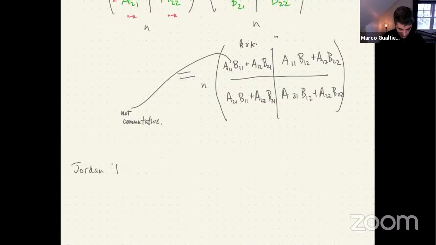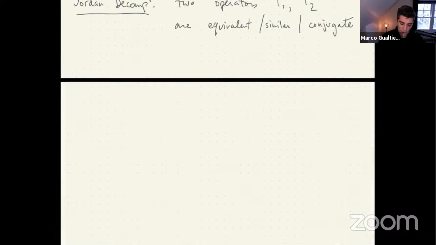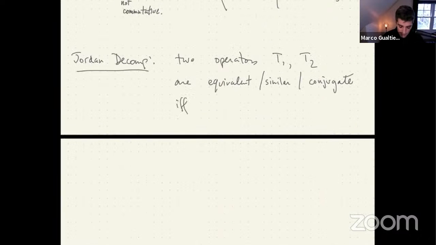two operators, T1 and T2, are equivalent, sometimes called similar or conjugate, if and only if the Jordan form of T1 is the same as the Jordan form of T2.